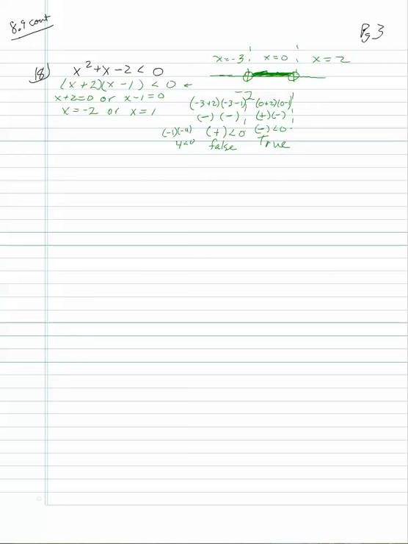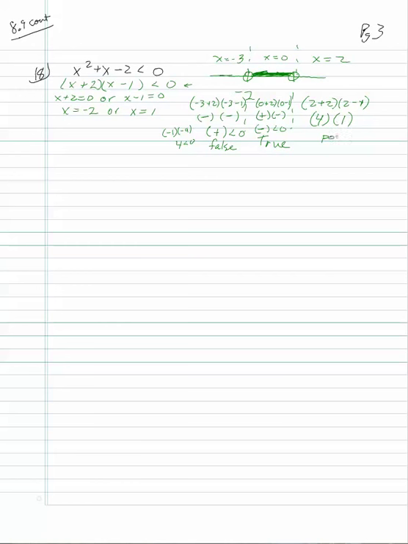So, we can kind of blend these two techniques and do a test point, but just write down the sign. So if x is 2, we get 2 plus 2, 2 minus 1. And again, that's going to give me positive 4. Here, I'll do it with the actual numbers this time. Positive 1. Positive times the positive is positive.